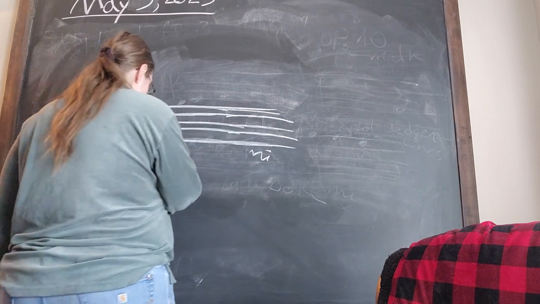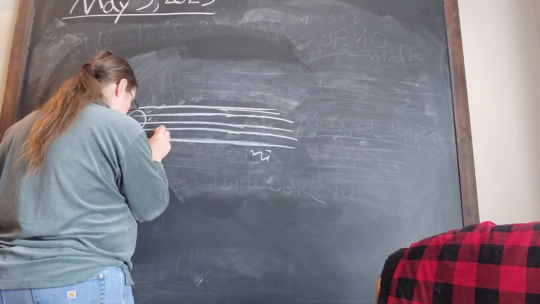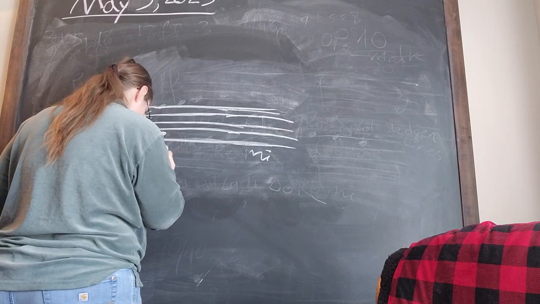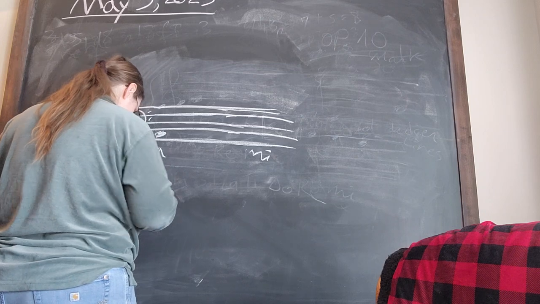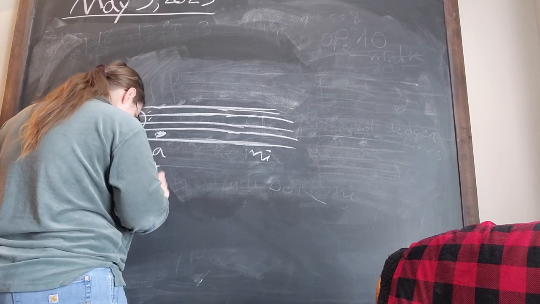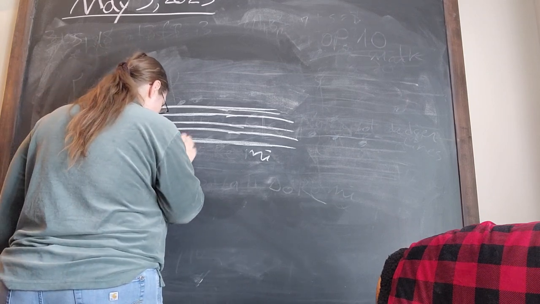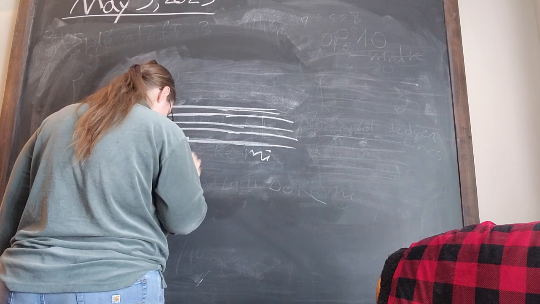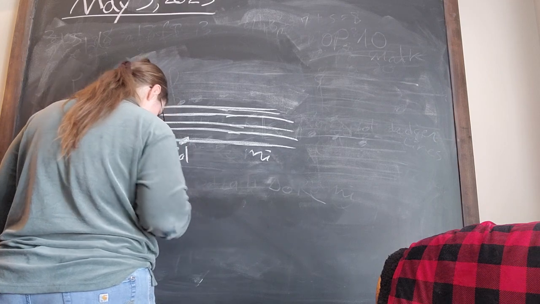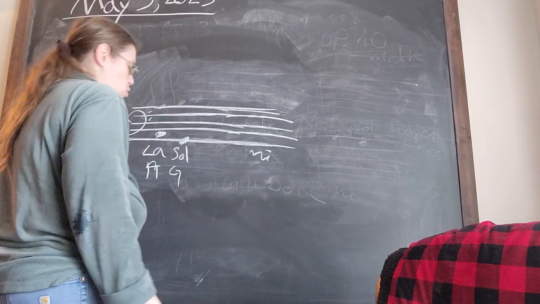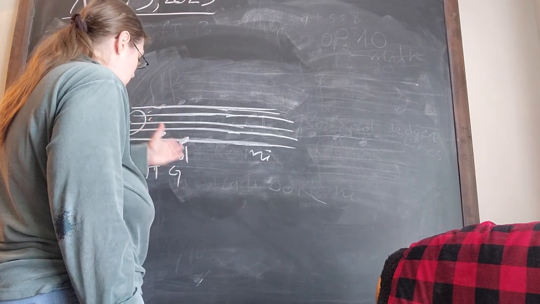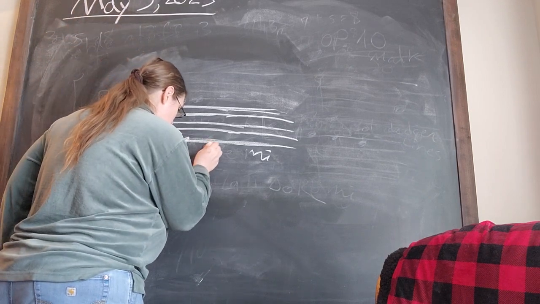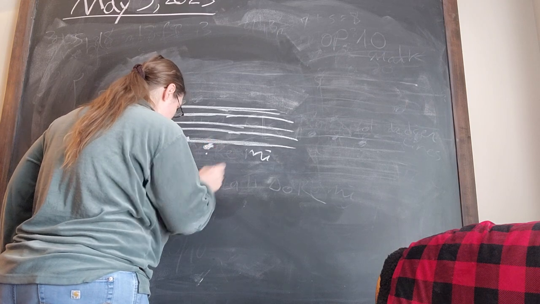So we know that this is, again, we know that this is La, or A, and then this is Sol, or G. Now again, we've run out of space, but we can just continue to write notes below the staff.